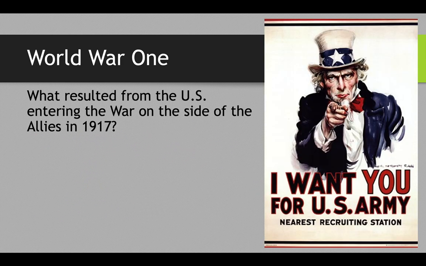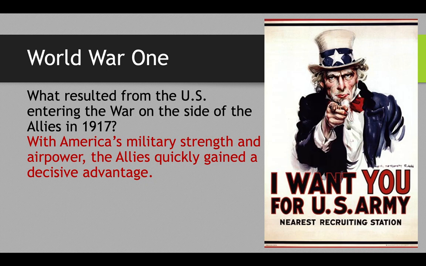So what resulted from the U.S. entering the war on the sides of the Allies in 1917? Well, it was a huge shift, both in morale as well as in practical improvement. So with America's military strength, and especially America's air power, the Allies quickly gained a very decisive advantage.